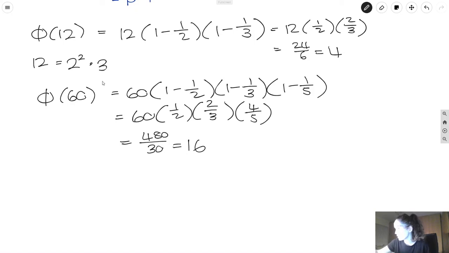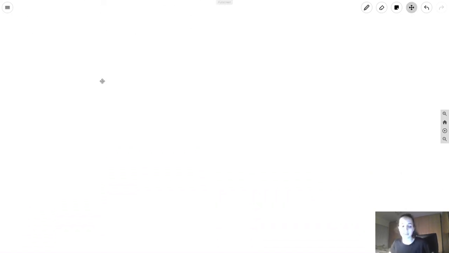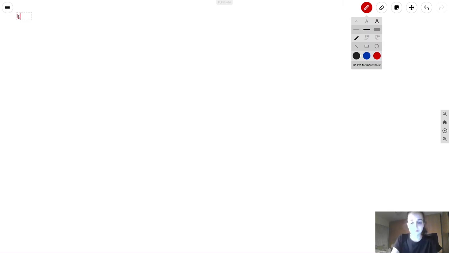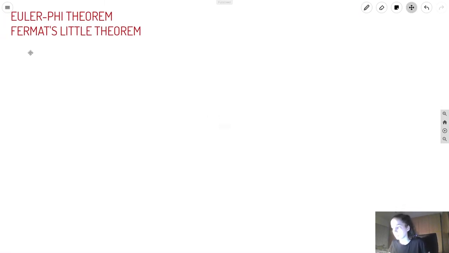Now we're going to use a formula that combines the totient function and modular arithmetic, and we call this Euler's theorem, or we can say Fermat's little theorem.